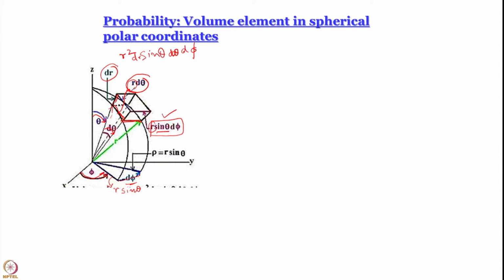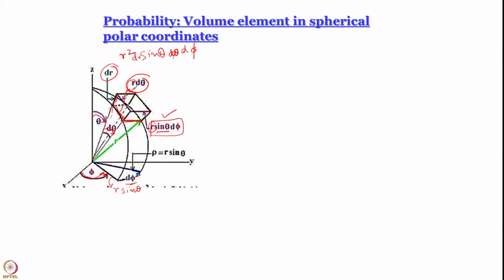What is this volume element for r equal to 0? For r equal to 0, we do not care what else is there, r equal to 0 means r square equal to 0. So, the volume element for r equal to 0 is equal to 0. So, no matter how high psi square might be, since the volume is 0, the probability, which is a product of probability density and the volume, is equal to 0.